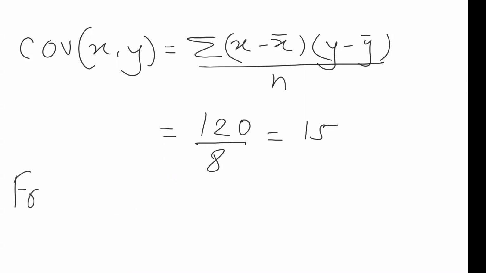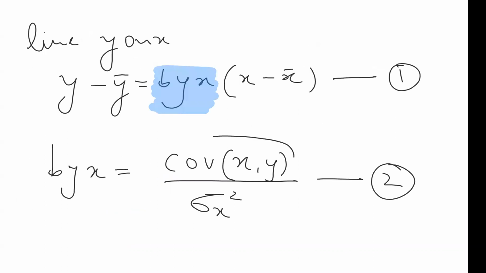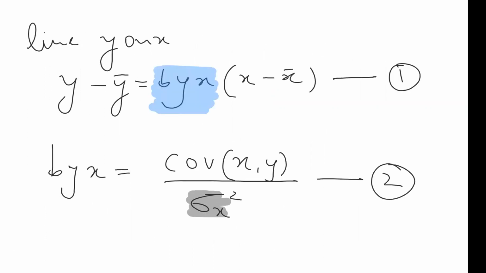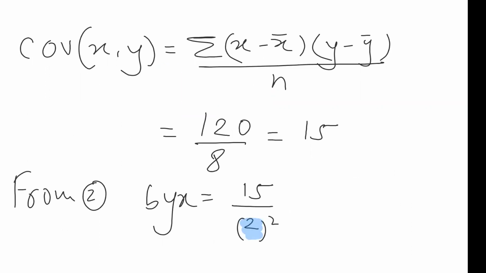So from equation number 2, byx is equal to covariance of xy, that is 15, we just calculated, and standard deviation of x square. Standard deviation of x is 2, so it will be 2 square. So that is equal to 15 upon 4. Fine.